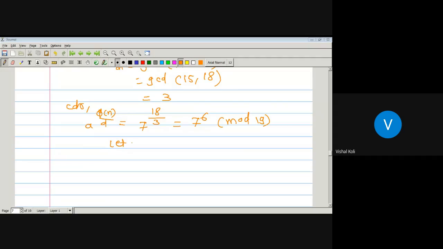7 square is 49. 7 cube is 343. 7 to the power 3 is congruent to 343 modulo 19. What is the value of 343 modulo 19?